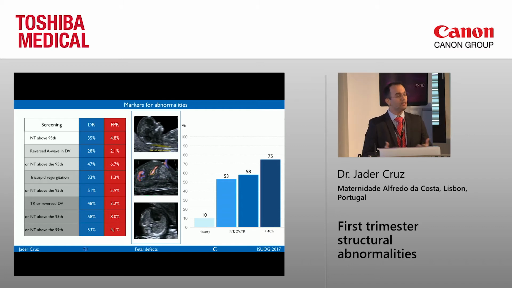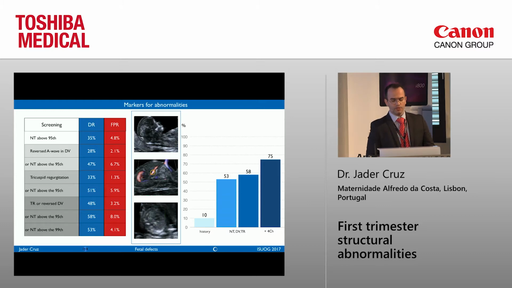If you have a lazy cardiologist that doesn't want to work very much, you can reduce the false positive rate, so the number of patients that you're going to send to him, to 4% without losing much of the detection rate. Your detection rate decreases to 53% if you just set your cutoff for the NT at the 99th centile instead of the 95th centile.